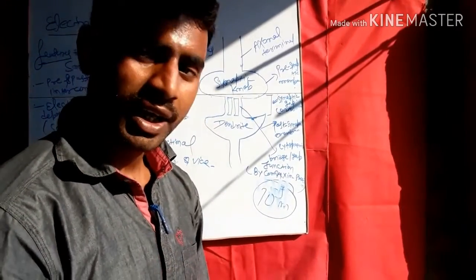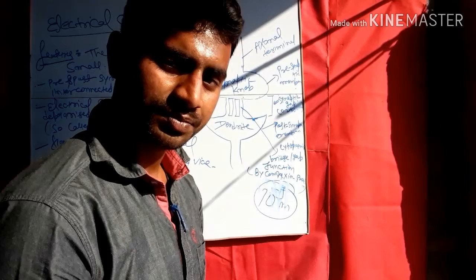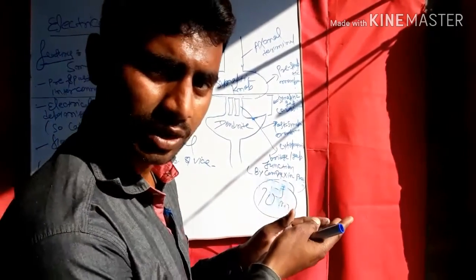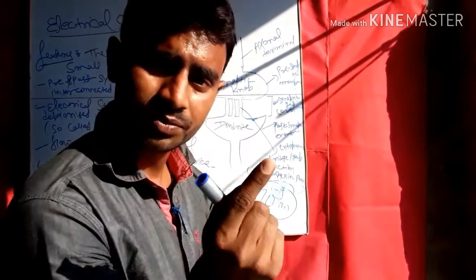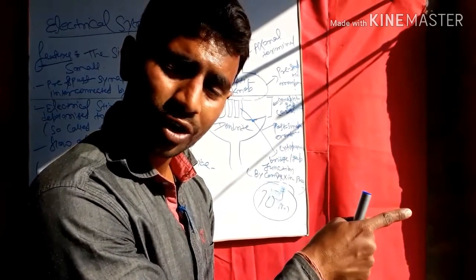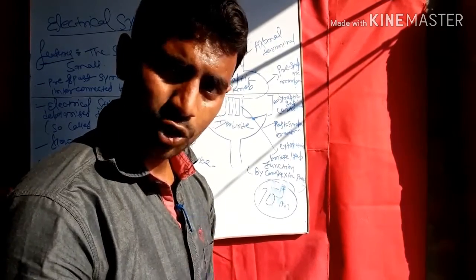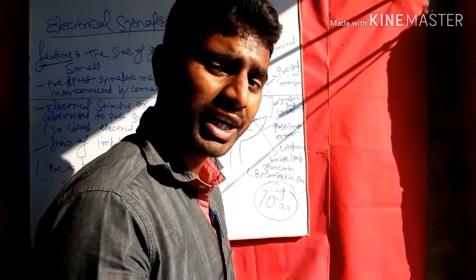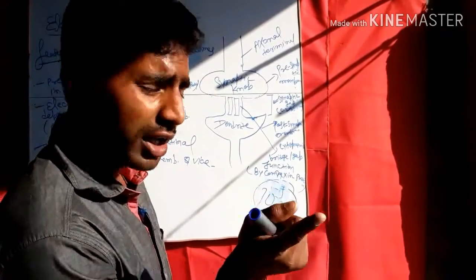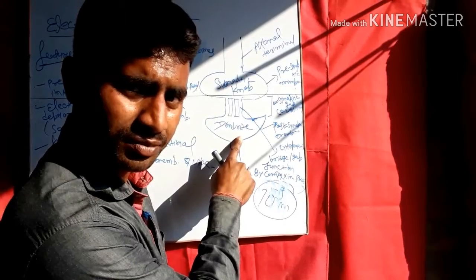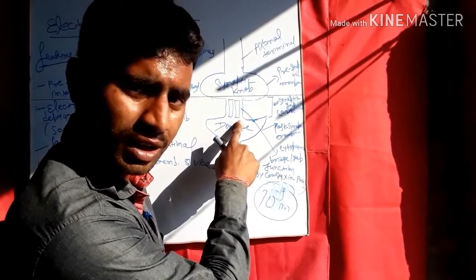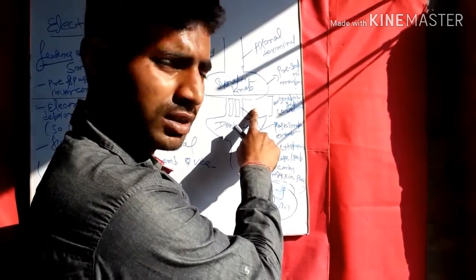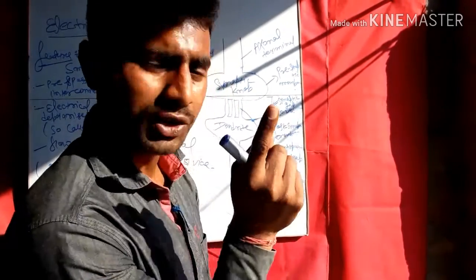But in the electrical synapse, the synaptic knob of one neuron's terminal part and the other neuron's head part, that is the dendrite on the cyton, are present with a gap of 0.2 to 10 nanometer between them.